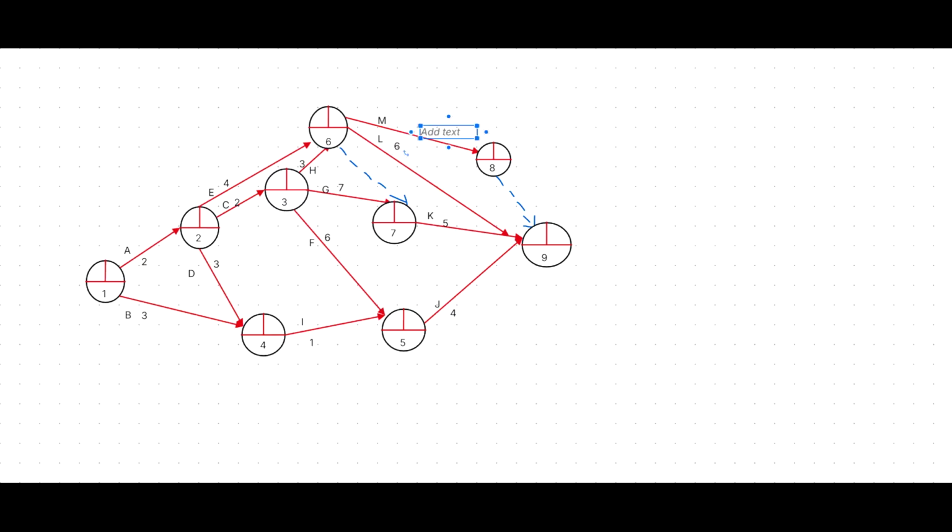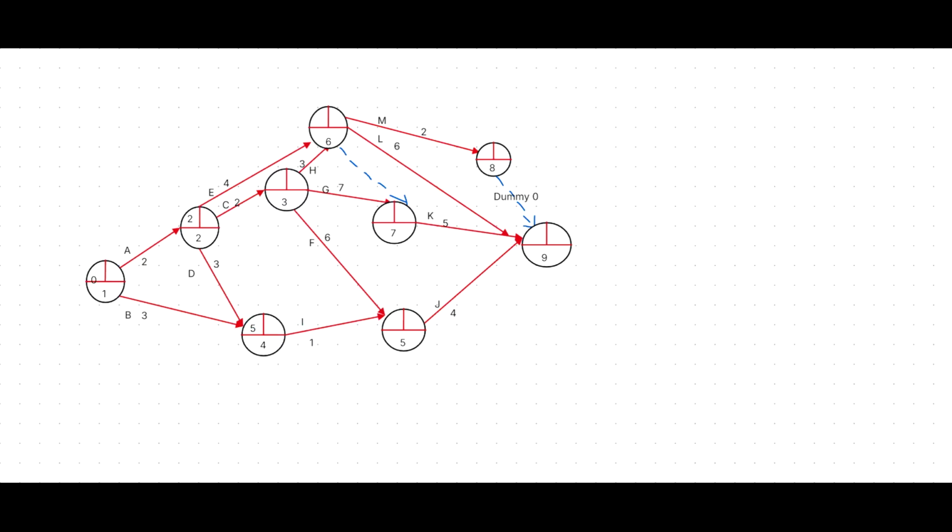The dummy should be 0. Then calculate the early starting time. Start from 0 plus 2, plus 5 via B. 3 should be 5 here. 5 plus 1, 6.